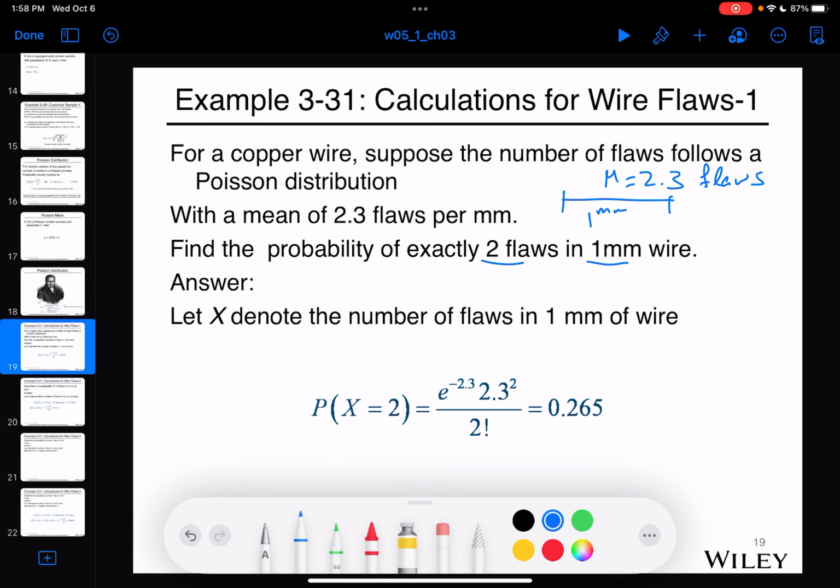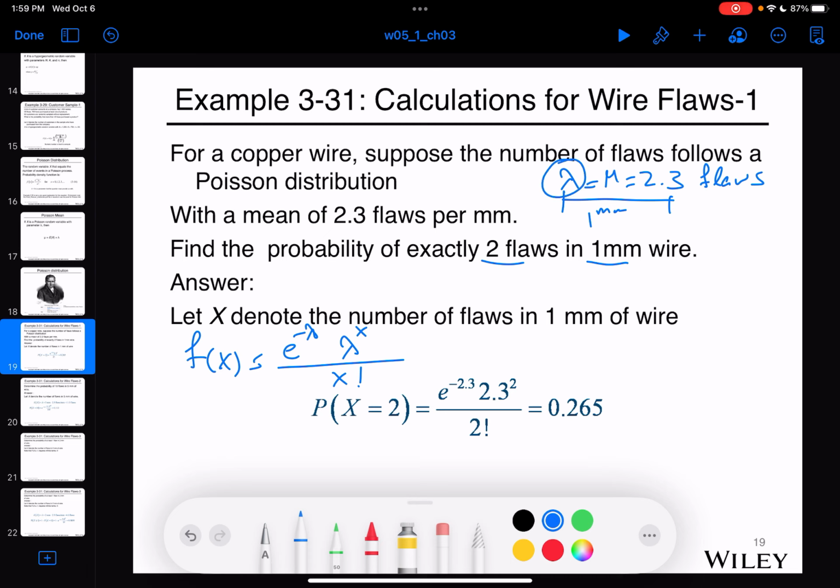right? So all we do is plug into the equation, right? So we had f of x for Poisson, which was e to the minus lambda times lambda to the power x divided by x factorial, right? So mu and lambda are called the same thing, right? By the way, for Poisson distribution, the mean is denoted as lambda, but it's the same as mu, right?